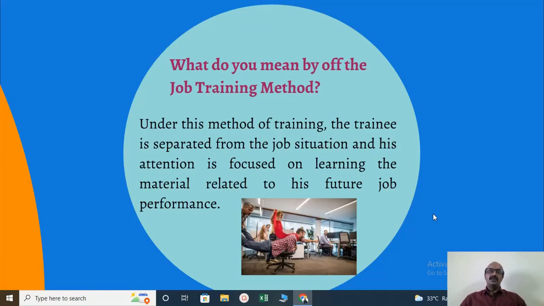The professor will go there, learn, equip themselves, and transfer their knowledge to the present job. This is called off-the-job training.